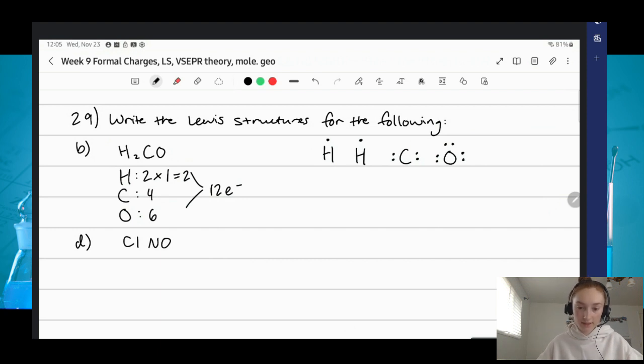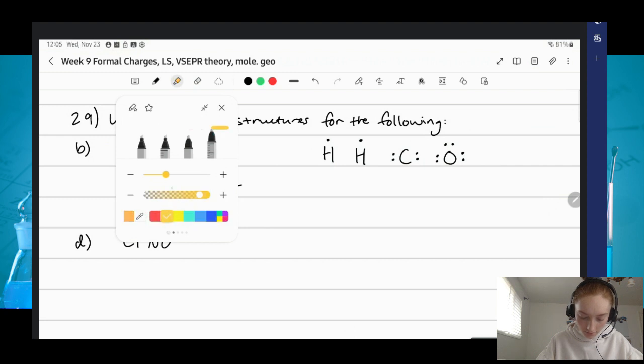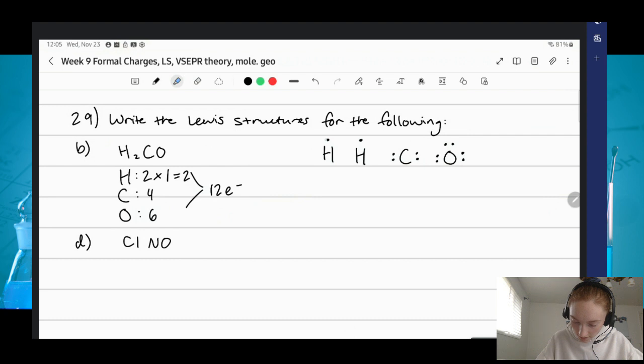As we can already see, with the carbon and the oxygen, let's write this in the highlighter. This right here can share a bond with each of these carbons, like that. And for the oxygen, it looks like it could possibly have a double bond here, because there's 2 right here and 2 right here, so that could form a double bond.